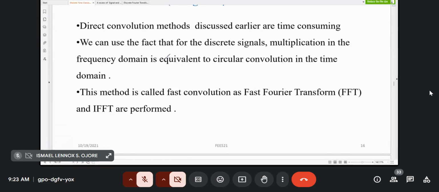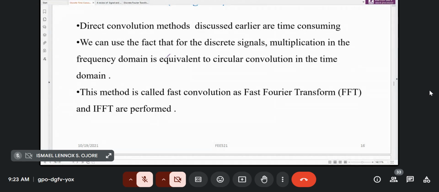So what we do is we do block convolution, where we break that long sequence into manageable blocks. Then we take those blocks and do convolution of each block, and then of course add the outputs together.